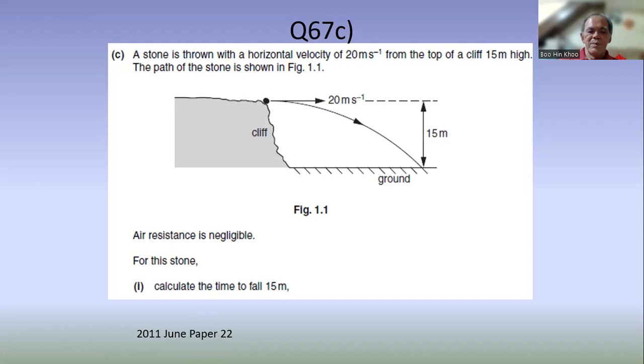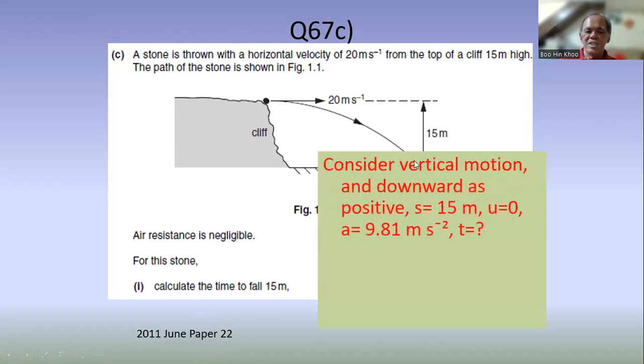So remember, we are interested in the time, so we calculate vertical motion. Vertical height is given. This is horizontal velocity, so it means the initial vertical velocity is 0. So consider vertical motion and downwards as positive. Height is 15 meters. Vertical velocity initially is 0.